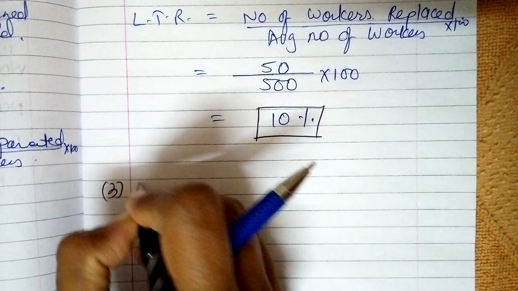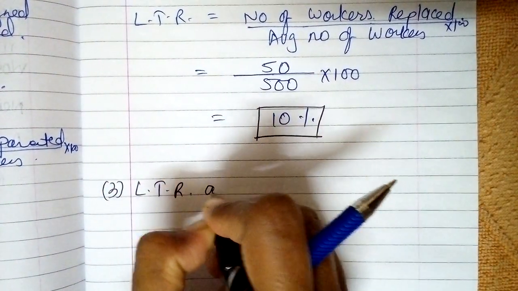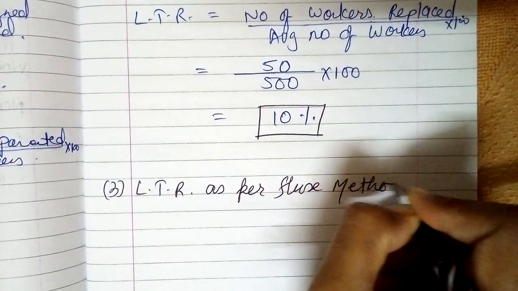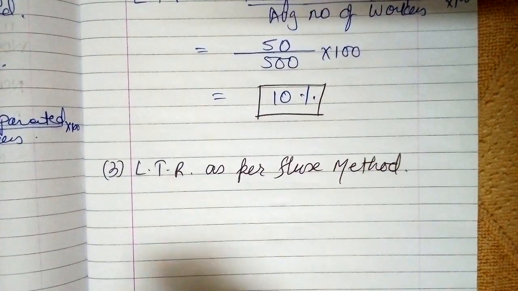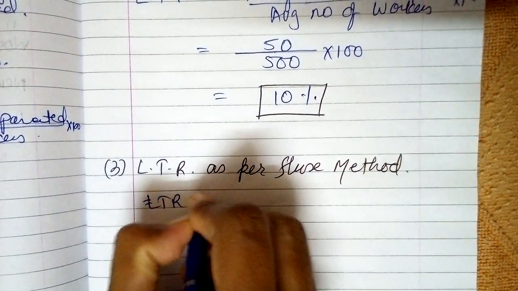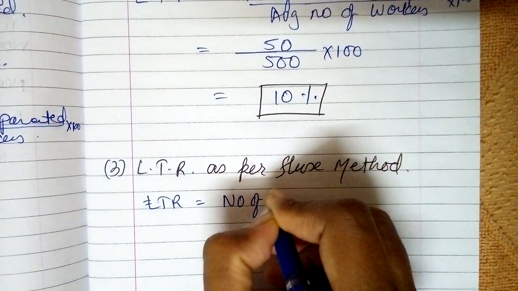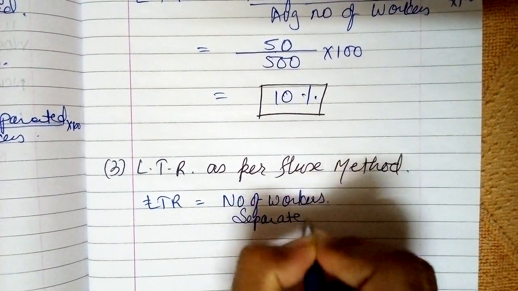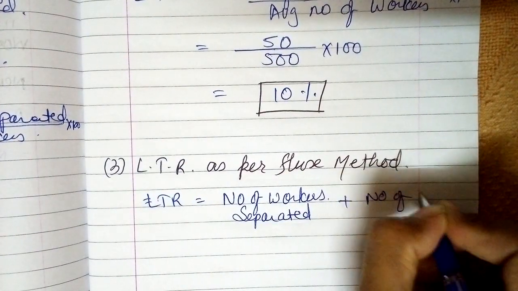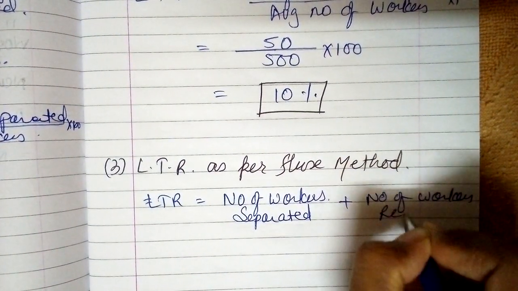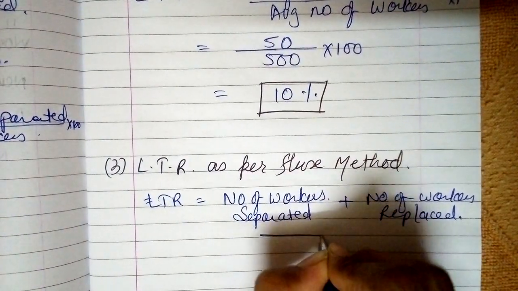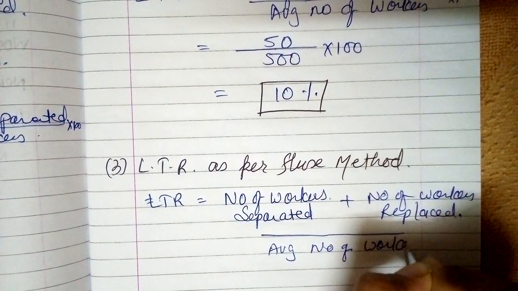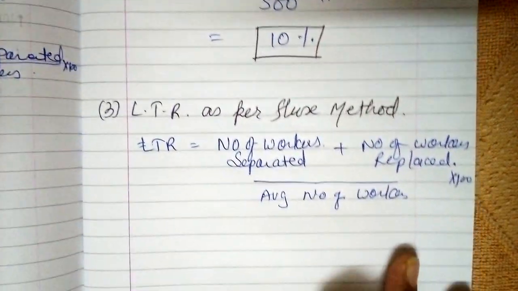And the last, third, labor turnover rate as per flux method, right? So LTR will be number of workers separated plus number of workers replaced divided by average number of workers into 100.